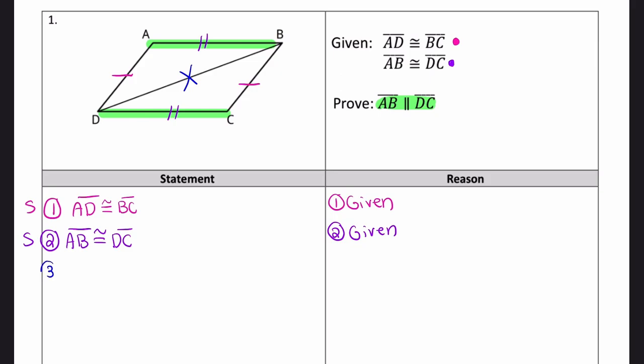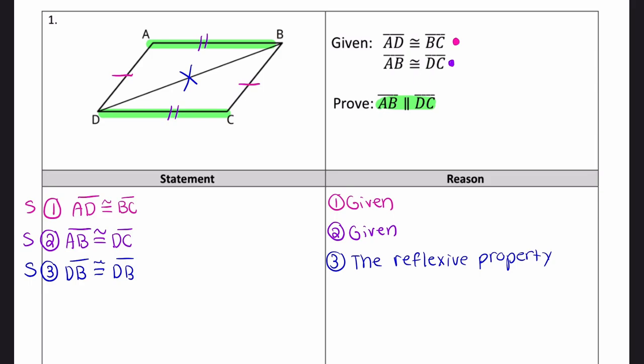So our statement number 3 is going to be that DB is congruent to DB, and that's the reflexive property. And now I know that these two triangles are congruent by side, side, side. So this was my last side.